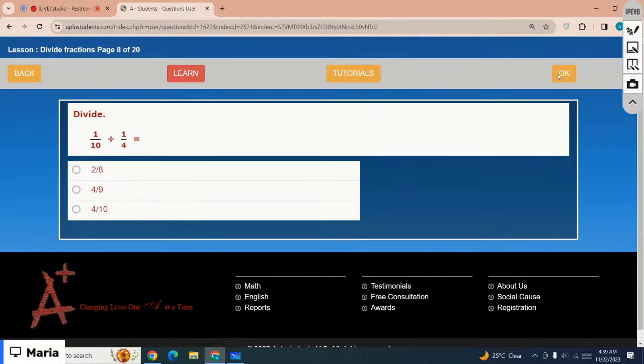1 over 4 divided by 1 over 10 divided by 1 over 4, which is the correct option? Yes, the correct option is 4 over 10.